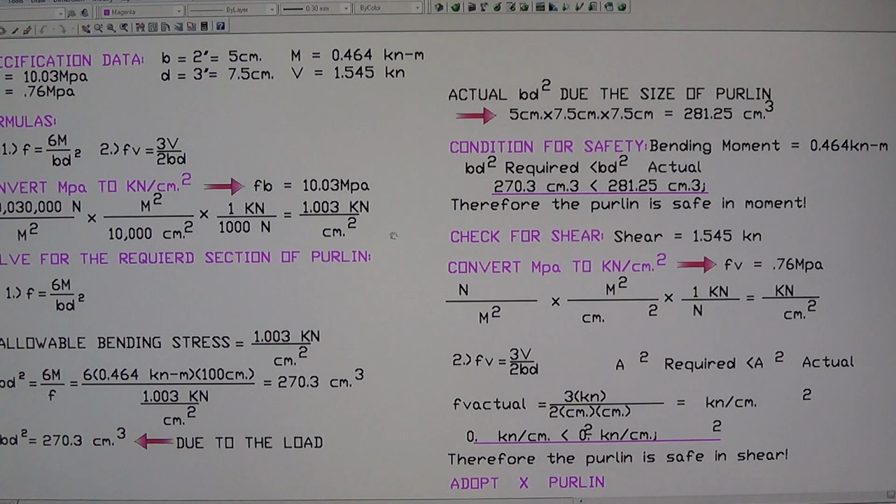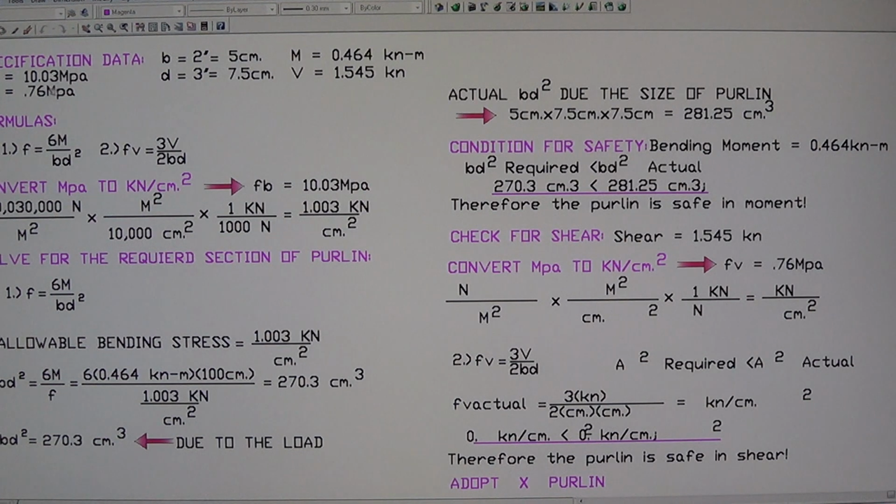And now let's check for the shear. During our calculation, in the shear moment diagram, we have the maximum shear of 1.545 kilonewton, and we have to use that to check our shear.